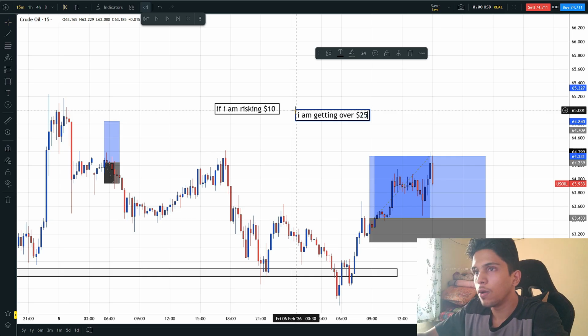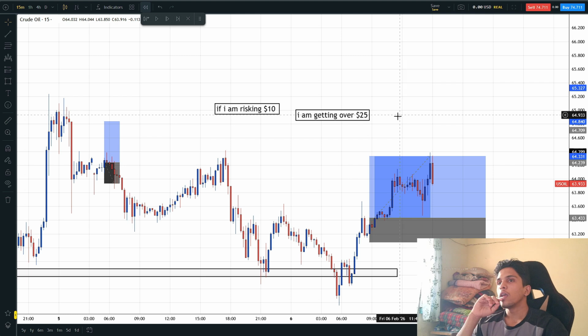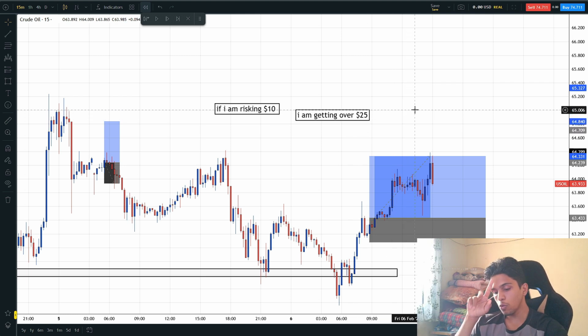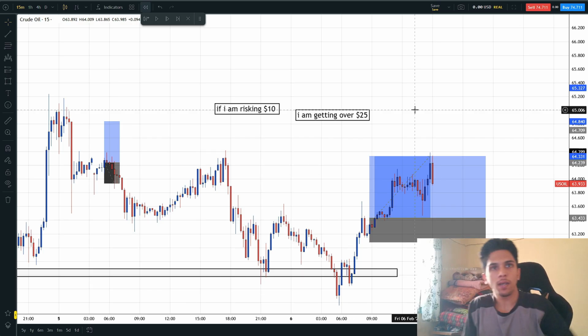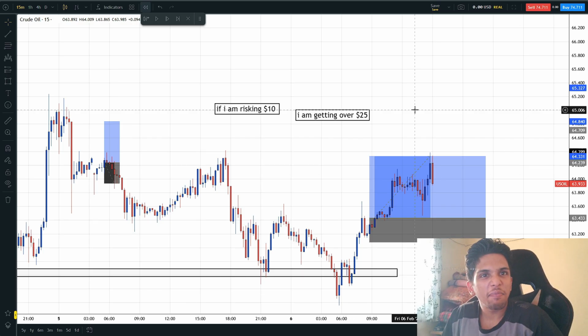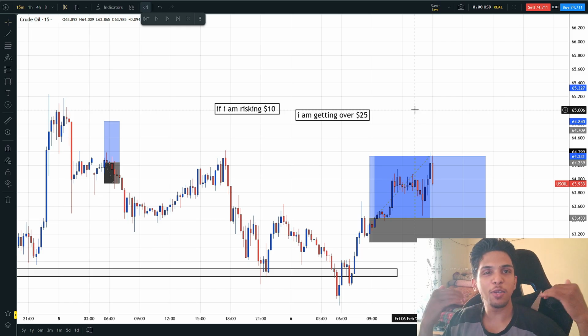Over $25. Okay, so if I risk two more times $10 again, my strategy is that I have to risk $10 and get at least $20 or 2.5, also $25. This is the first strategy, which was invented by Pranav Baba, not Homi Baba.